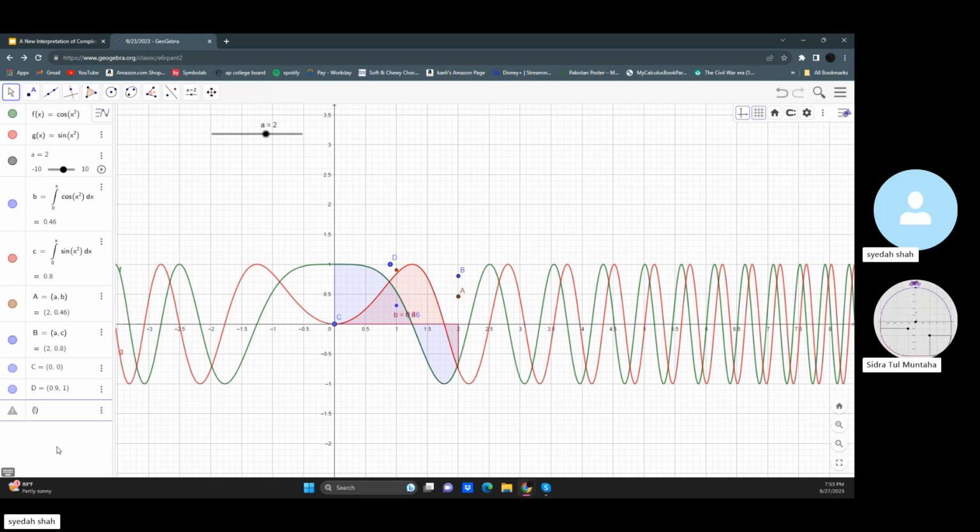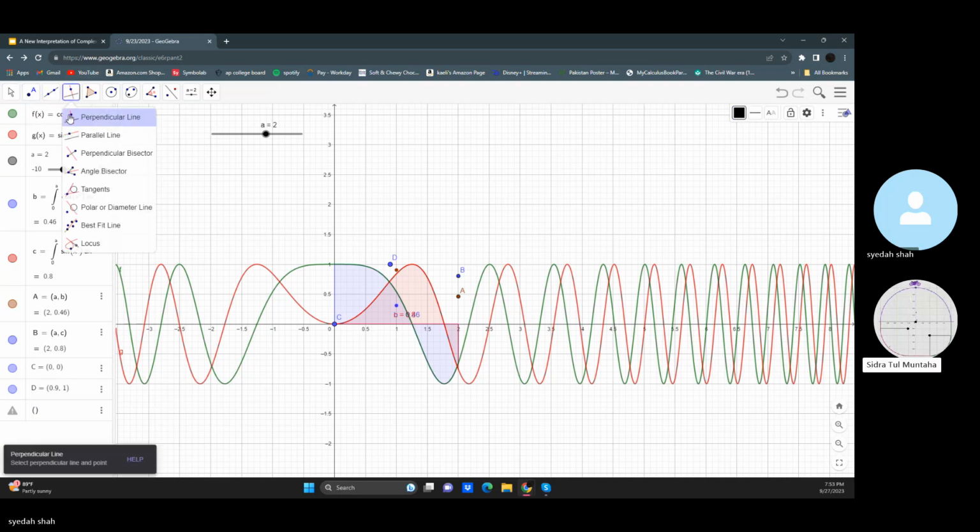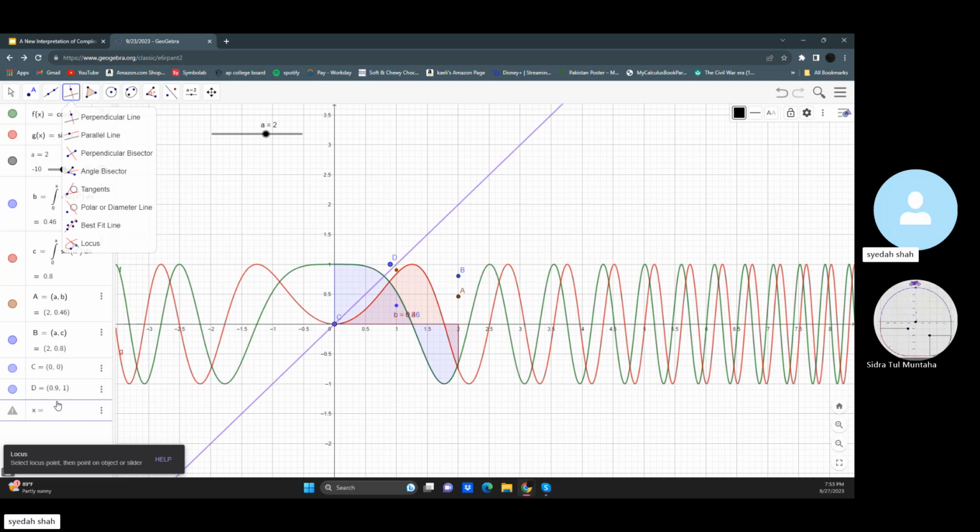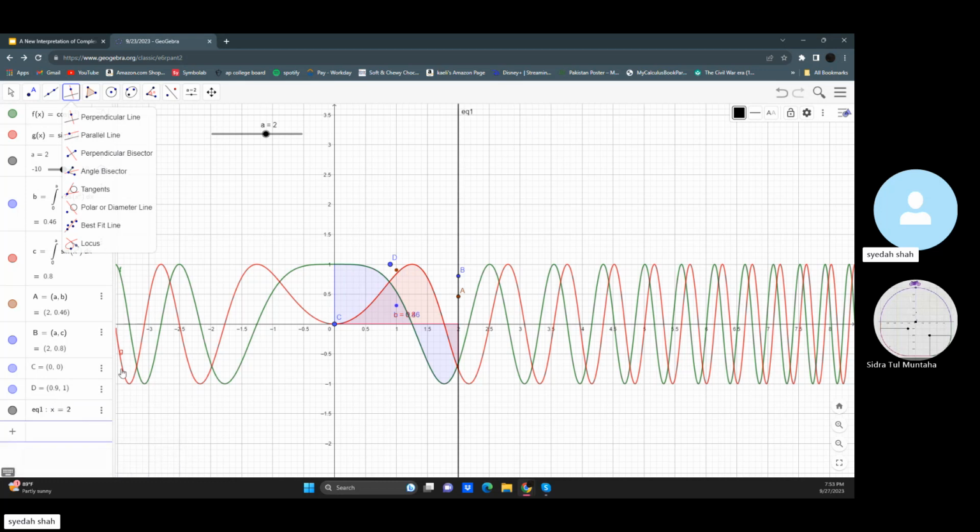You could just plot a single point and get the trace out of it. You could do x equals a, and then do it like this, I guess.